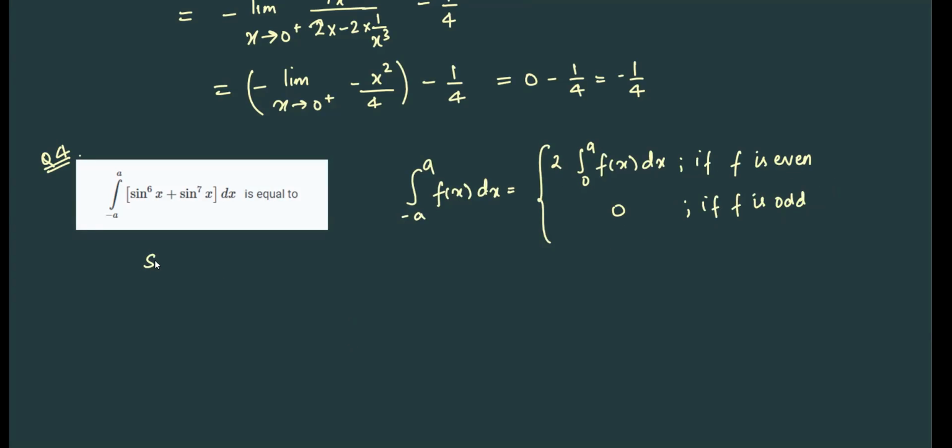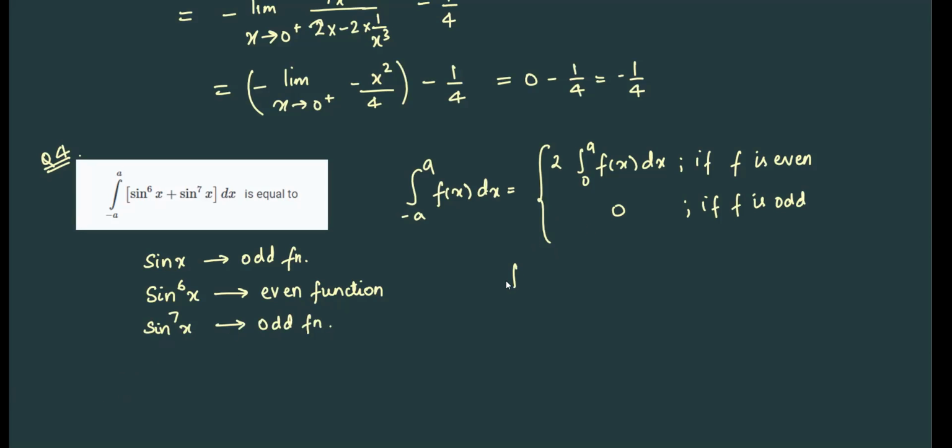So now, sine x is an odd function. Sine raised to the even power, as soon as you raise it to the even power, it becomes an even function. However, an odd function raised to an odd power will be an odd function.